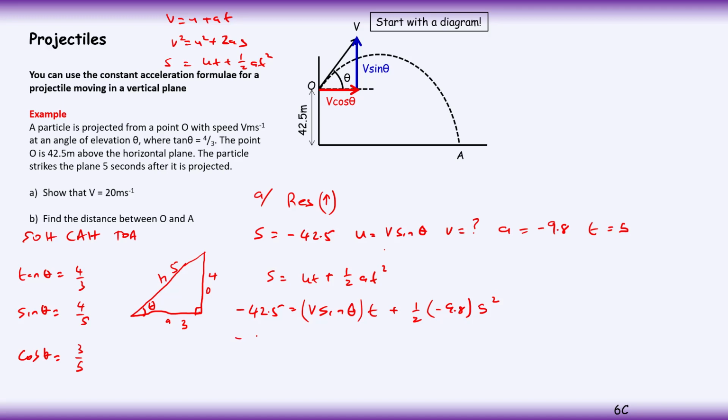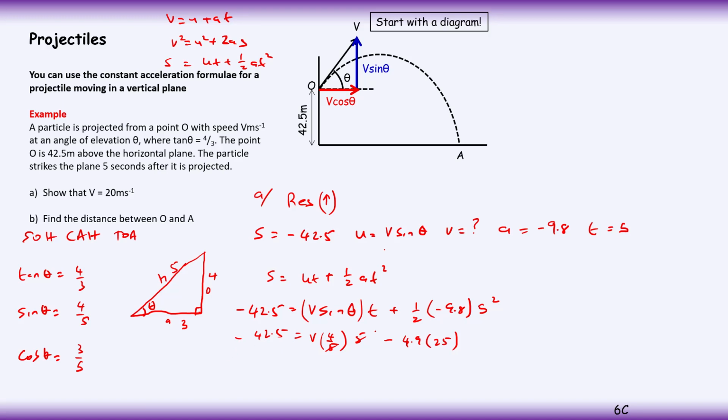So that's minus 42.5. I don't know why I put t there, that should be 5. We'll change that now. v sine theta is 4 over 5. So v times 4 over 5 times t, which is 5. Those 5's are going to cancel. Minus a half of 9.8 is 4.9 times 25.